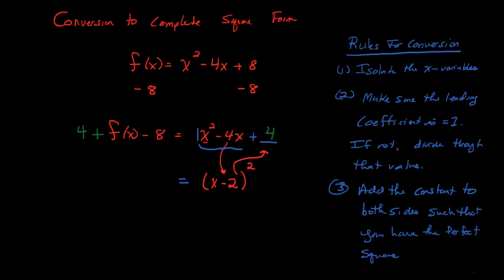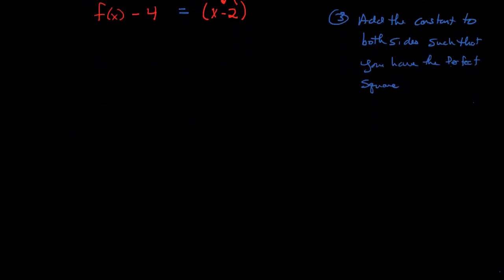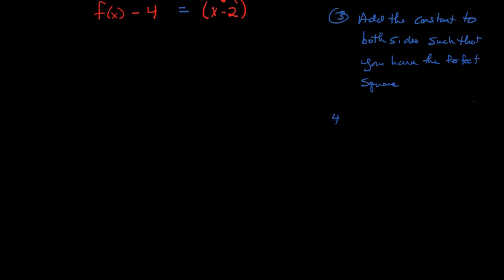Now, when I analyze this, I have f of x, but I combine my constants, so I have 4 minus 8. On my left side, I have minus 4. And now in my last step, we isolate f of x.